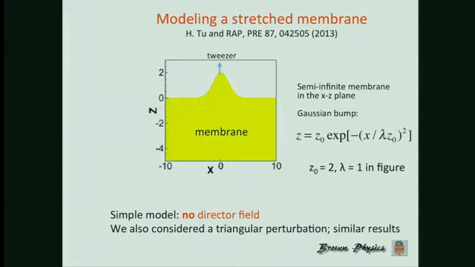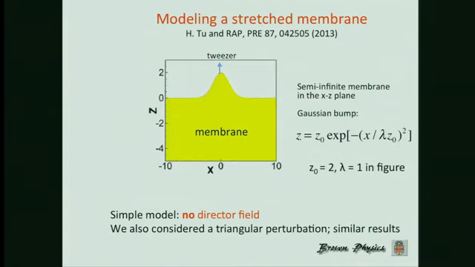We're going to say, suppose we have a large, and we'll approximate it, semi-infinite membrane in the XZ plane, and imagine that we have this single tweezer that's just pulling out the edge of the membrane in some localized region. And so, you could model that bulge by a Gaussian. We've also considered a triangular perturbation. Basically, it seems insensitive to those two choices.